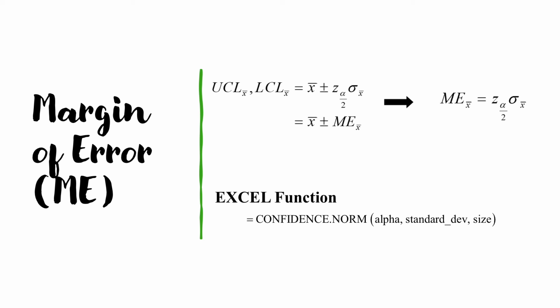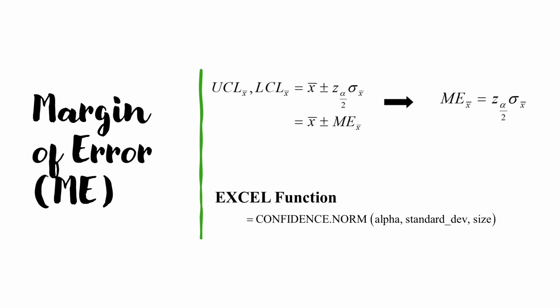I must point out to you, though, this concept of margin of error. Now, the margin of error means that there's a section in your upper control limit and your lower control limit formula to the right that says z critical times the standard error of the mean. That is what is called your margin of error. So if you know your margin of error and you know your mean, you can basically calculate your limits, right?